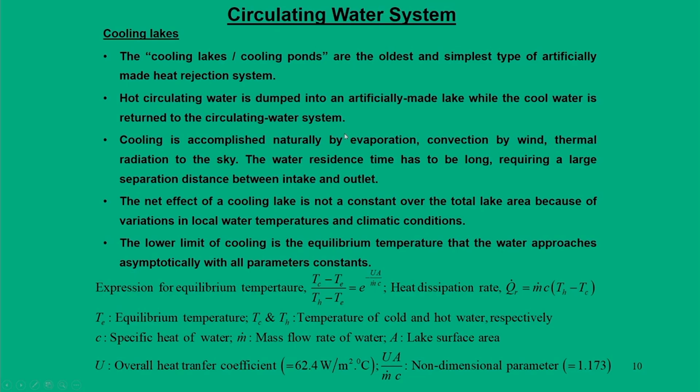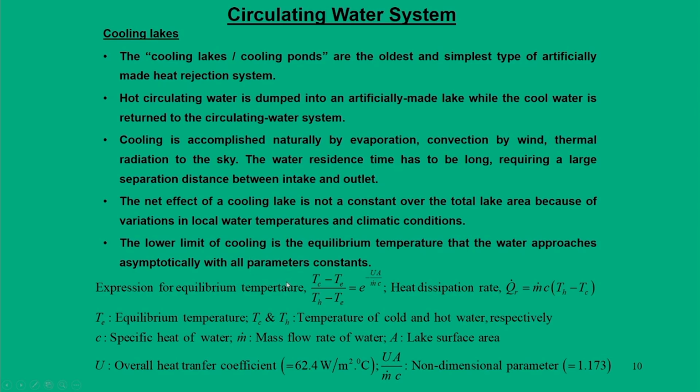Through these means water gets cooled, but the net effect of the cooling lake is not constant, because over the lake area there could be large variations of water temperature differences and climatic conditions. So for this kind of modeling, we come across expressions which give the equilibrium temperature of a cooling lake.